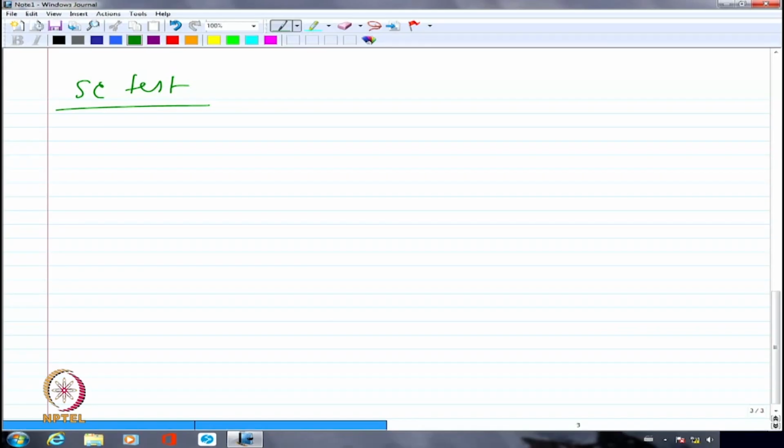The primary and secondary are not isolated. So if I have a ground for primary, it is very much the ground for secondary also. I am not differentiating between them. So auto transformer cannot be used as an isolation transformer.